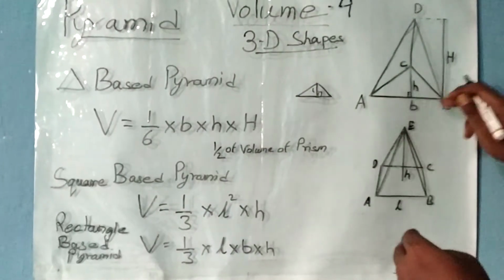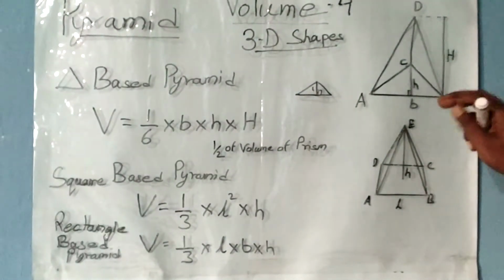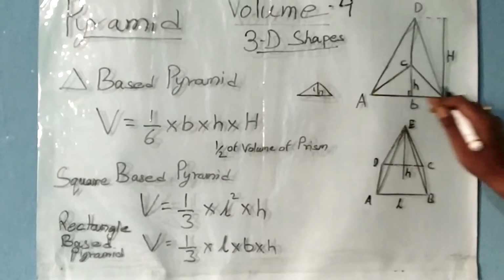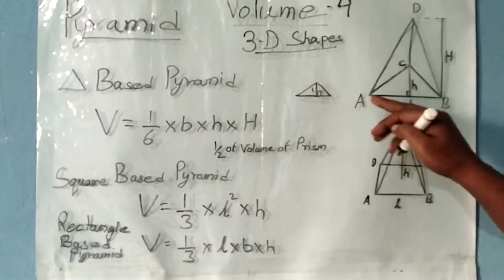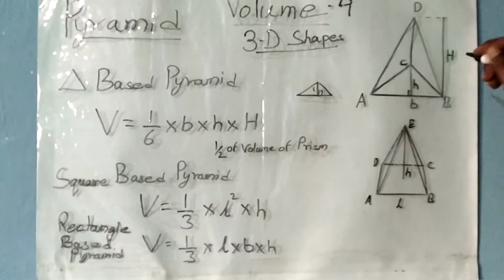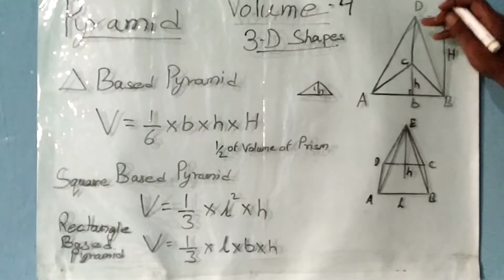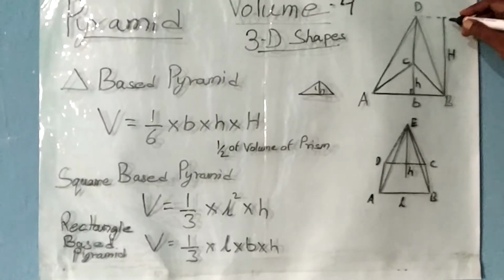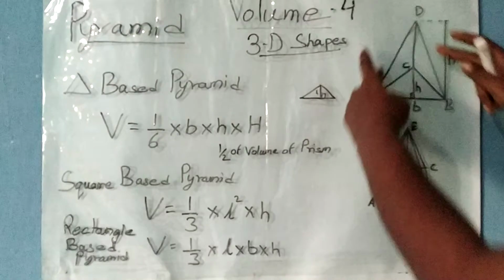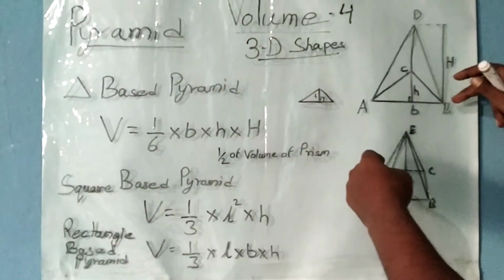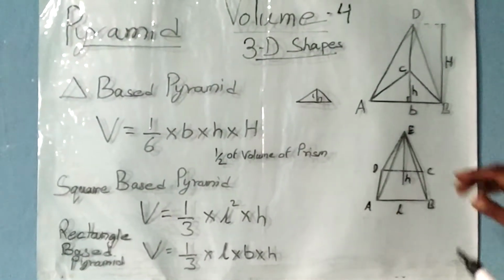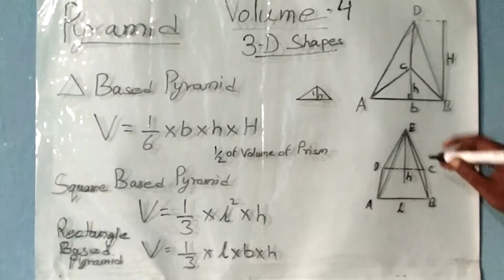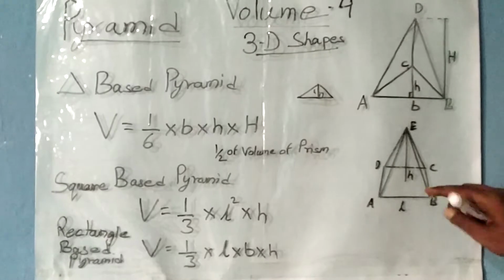Okay, so we know how to find the area of the triangle, that is half into base into height, and this capital H is the height of the pyramid.